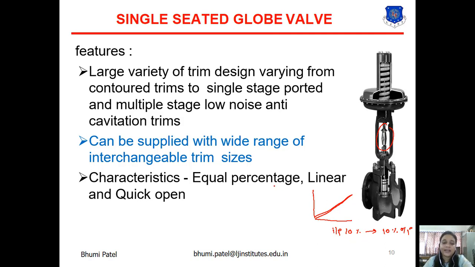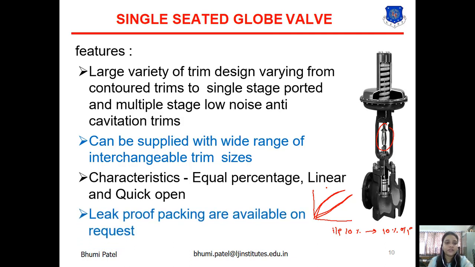At that time the characteristic is known as equal percentage. And in quick opening, whenever the input is applied, we get a fast response at the output. The characteristic details we will study in the next session, but in the single seated valve we can generate three types of characteristic: equal percentage, linear and quick opening.